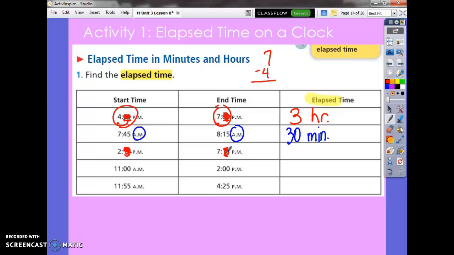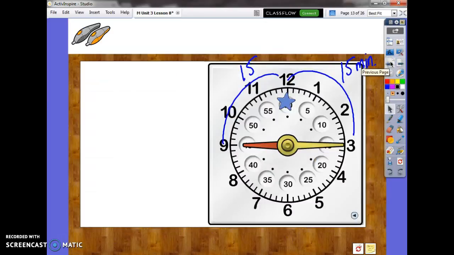The elapsed time is only going to be hours. Okay? So now I need to find the difference between 2 and 7. Again, difference meaning I subtract. 7 minus 2 is 5. So my elapsed time is 5 hours. If I show this on the clock, I want to go 2:17 all the way to 7:17, right?